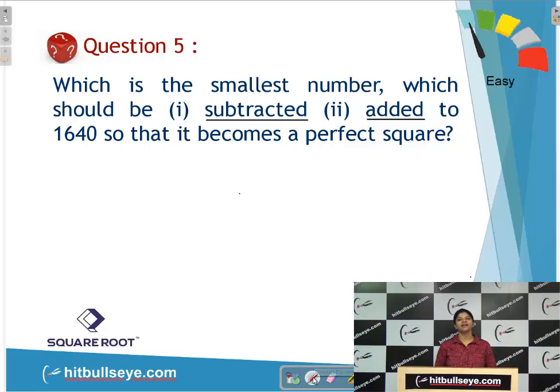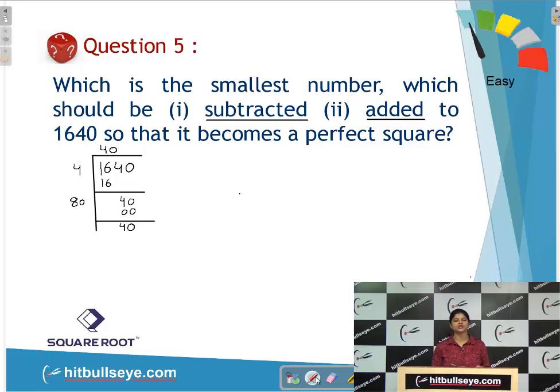Now friends, when we have to find what needs to be added or subtracted, we always take the root of the number using the division method, which we had already discussed. So here I'll first of all take the root of 1640 using the division method.